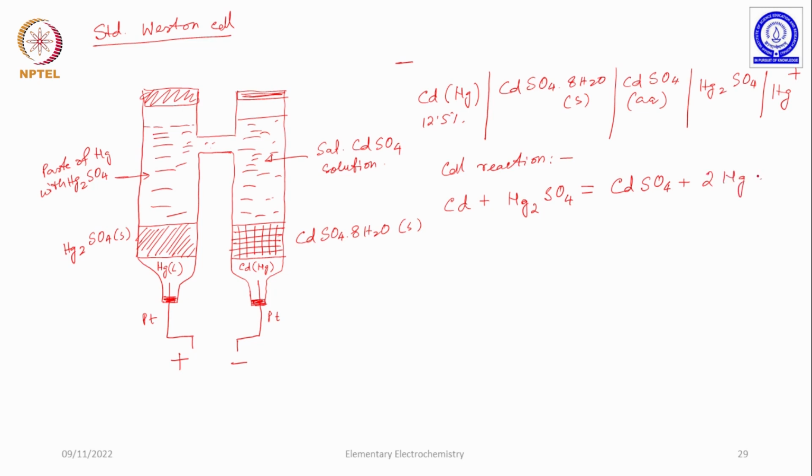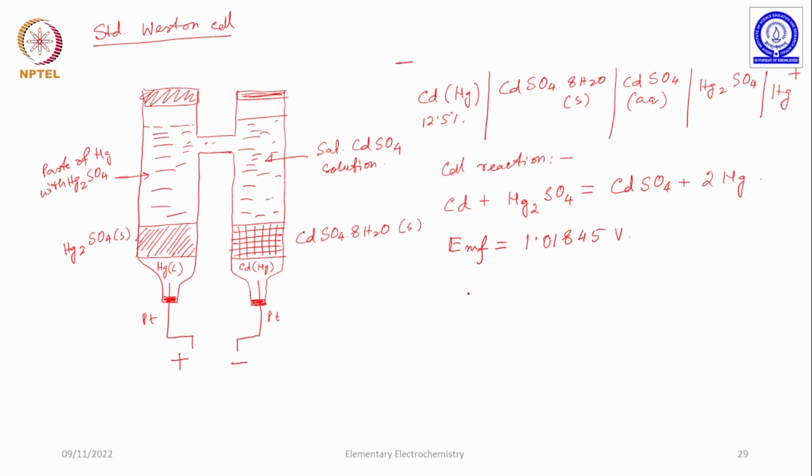So, when this cell is connected with a standard hydrogen electrode and its EMF is determined, it is observed that the EMF of Weston cell turns out to be 1.01845 volt.